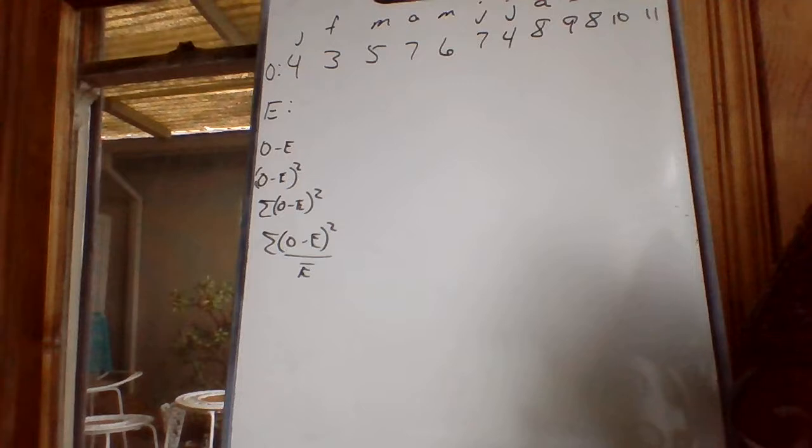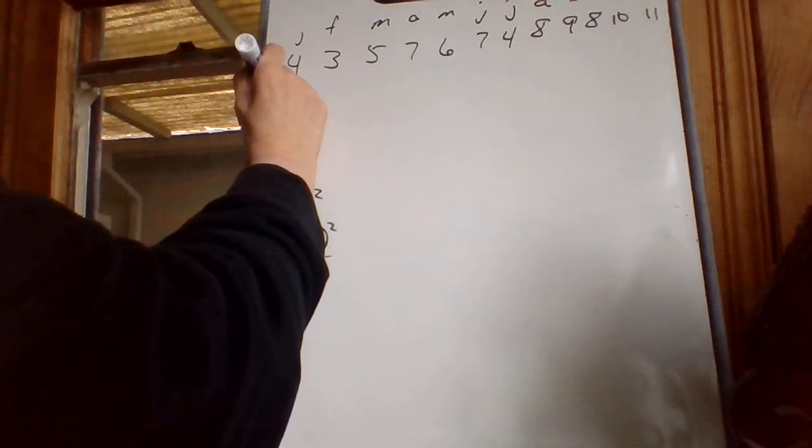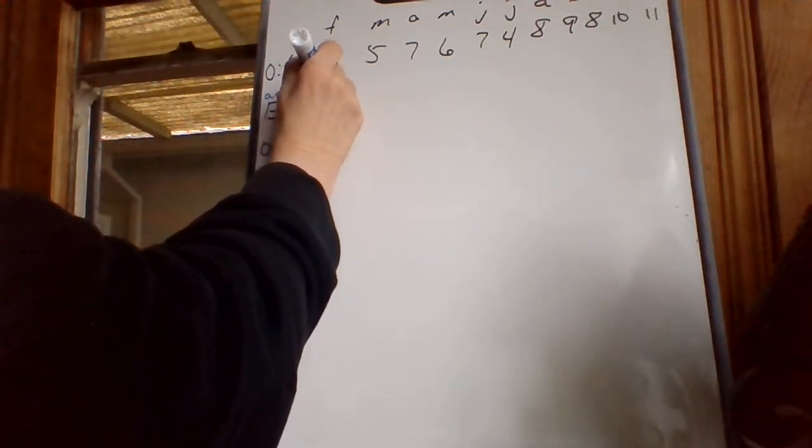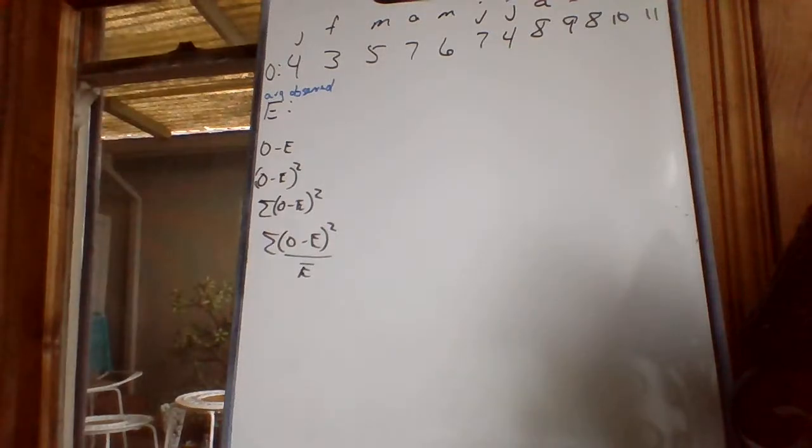Then there's expected. If they open equally throughout the year, what I've got to do here is average my observed. If somebody told me 120 businesses opened last year, then I would expect 10 for each month, because that would be equally throughout the year and turn into 120.